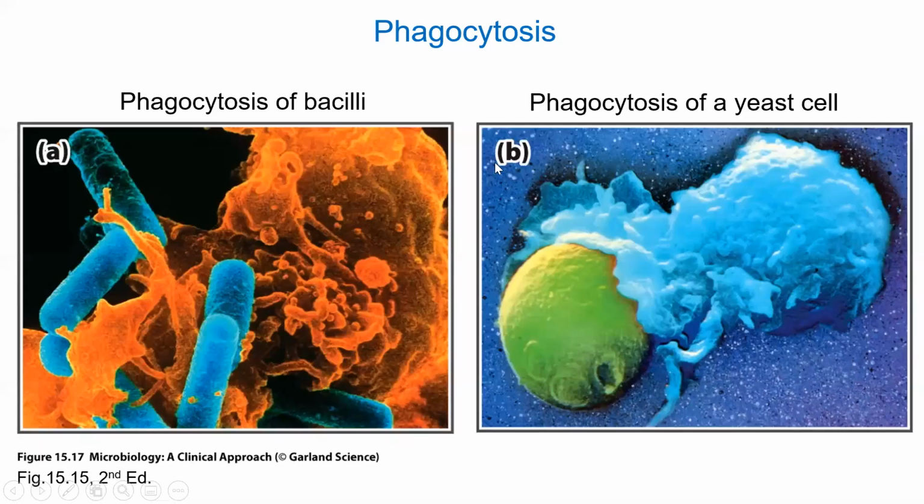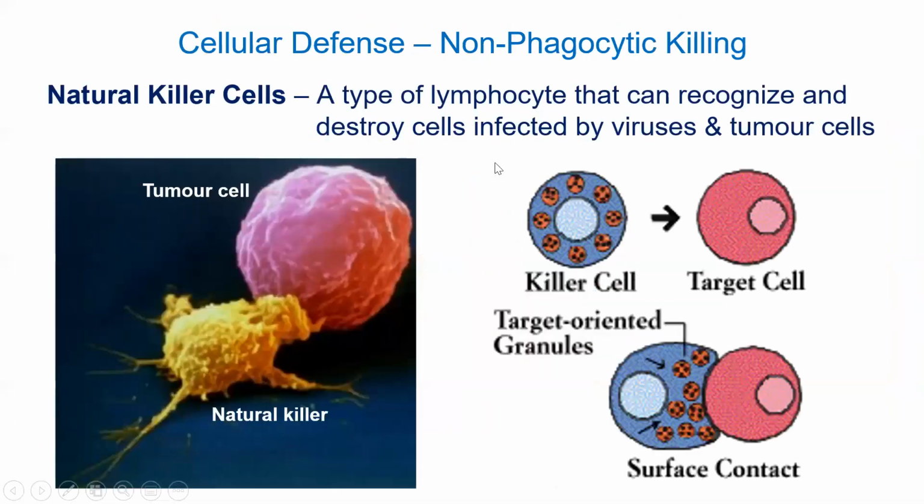And there's some more on phagocytosis. Non-phagocytotic killing, I also called cytotoxic killing. So hopefully I didn't confuse you by calling it two different things. This is, like I said, that kiss of death stuff that's going on.